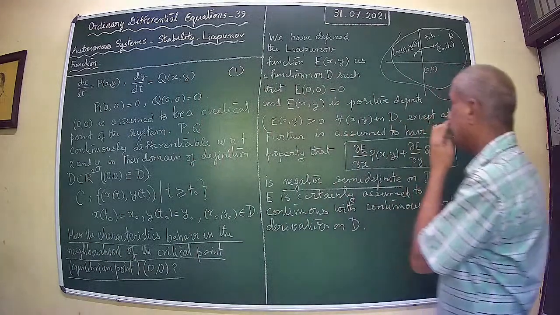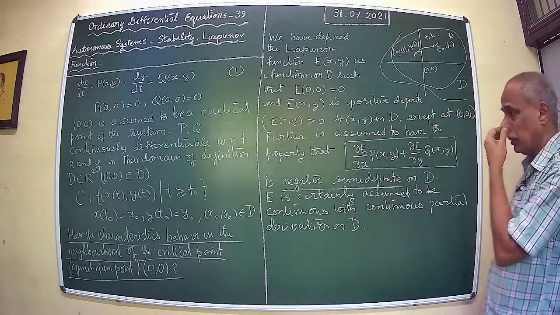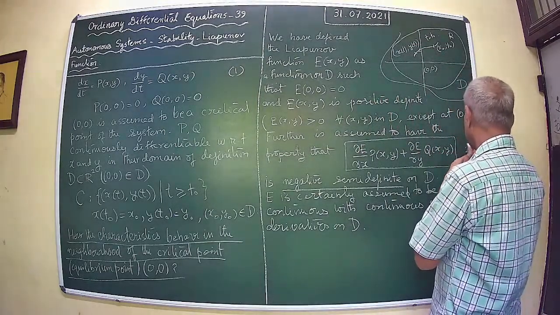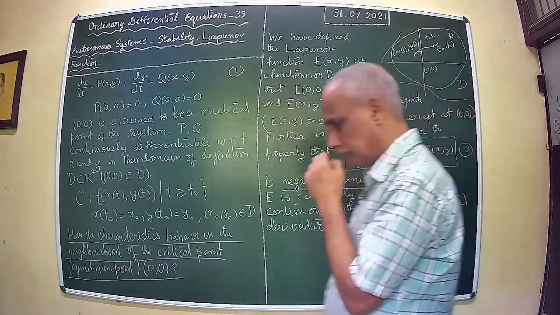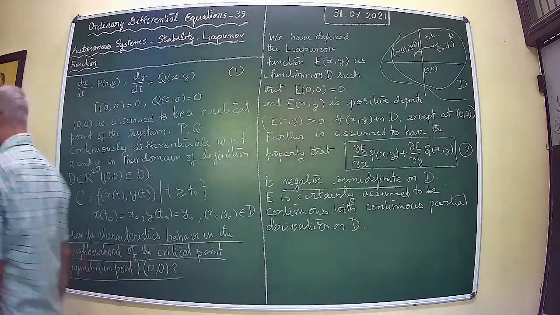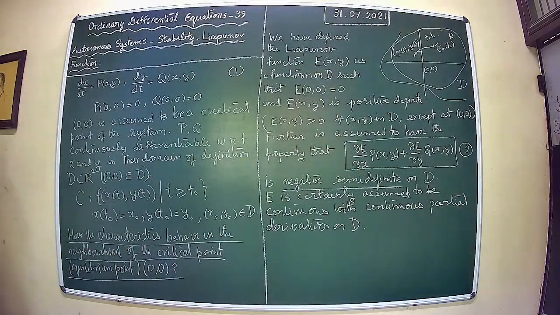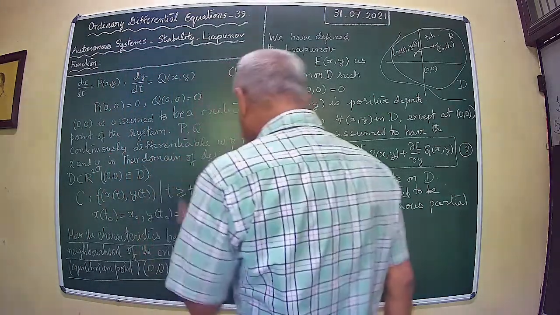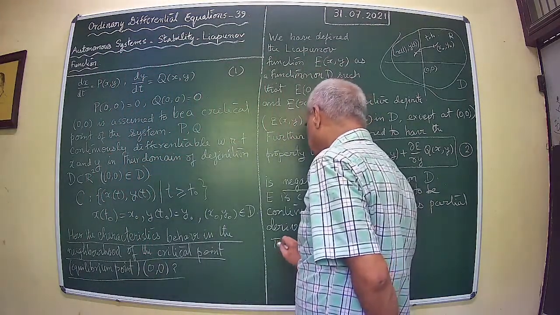So we call this, what is that? This one as 2. So this is the Liapunov function. Okay. Now what we have stated is this. We have stated the main theorem.